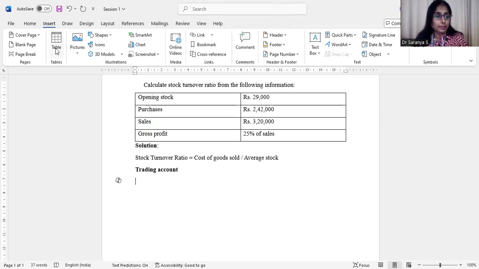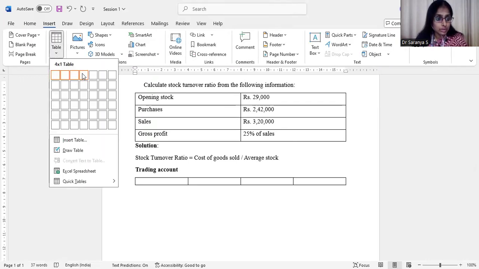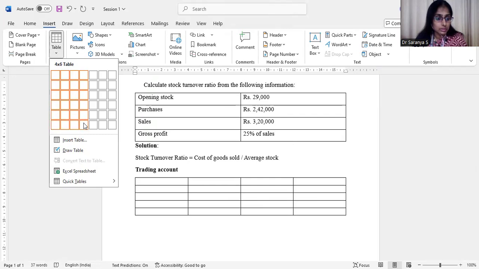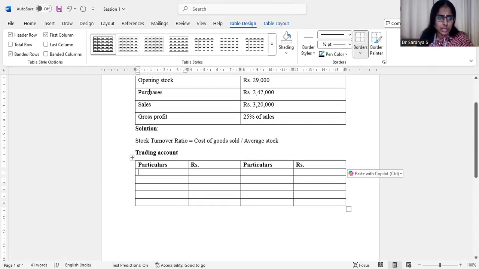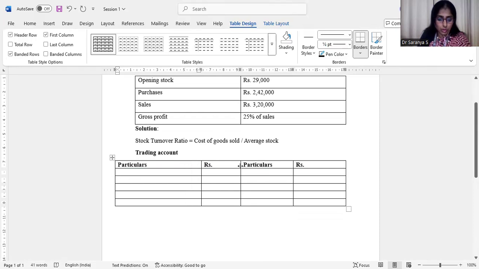So we will provide the columns: the particulars column and the rupees column. Now we will start with the debit side.